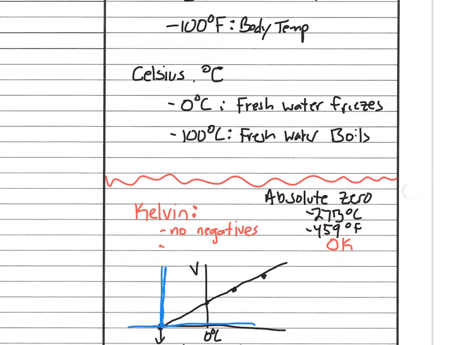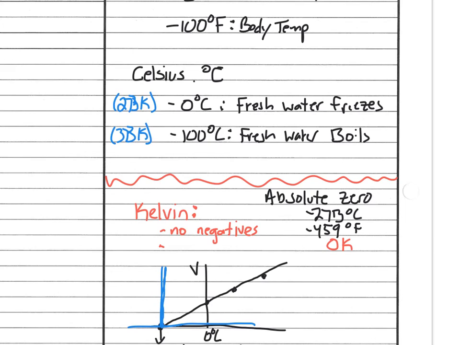So 0 degrees Celsius, that's 273 Kelvin. It might also be useful to note that we don't use the degree sign with Kelvin. It's just Kelvin. And it's 373 Kelvin for boiling. So there's still that 100 degree difference there. The difference is where they put 0.